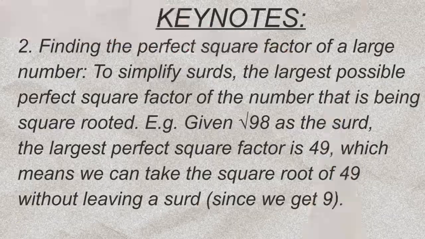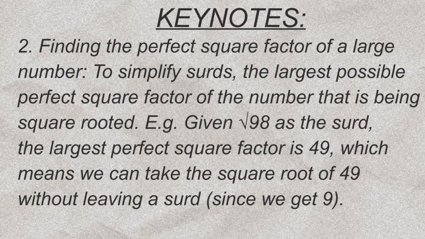Now the second keynote we want to take note of is when we are asked to find the perfect square factor of large numbers. To simplify surds, the largest possible perfect square factor of the number that is being square rooted is what we should endeavor to look for.